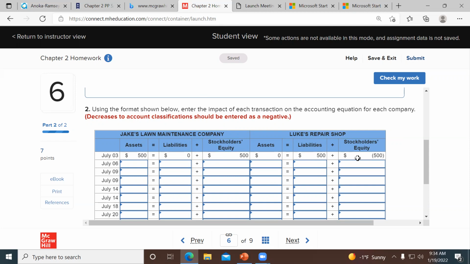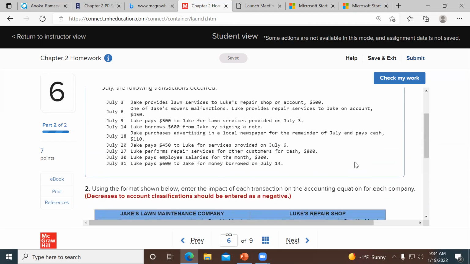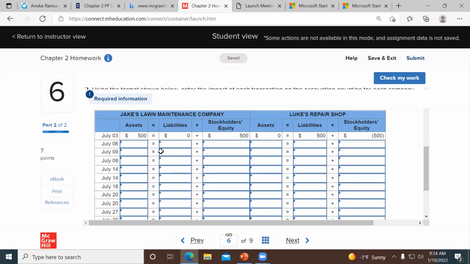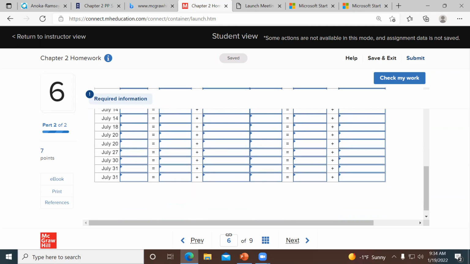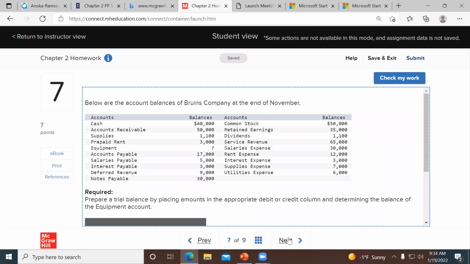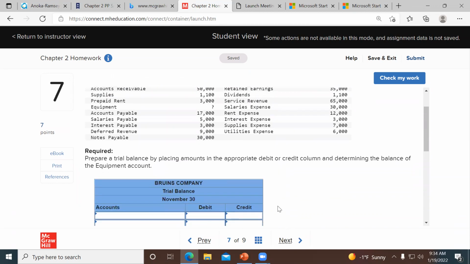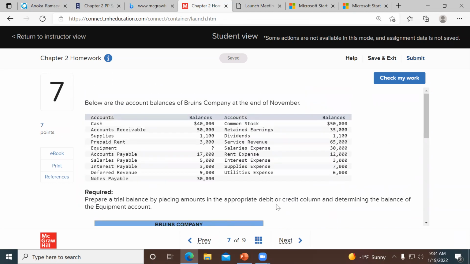Okay. So for each one of these, you can take your journal entries that we've already done and see, okay, if it's cash, it reduced our cash or increased our cash, and then fill them in here. Next, here is one I want to go through.